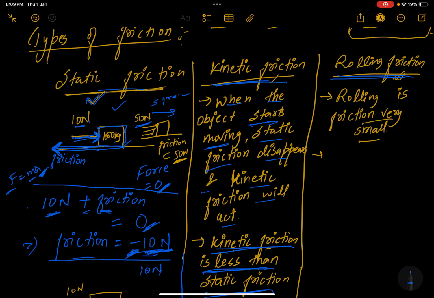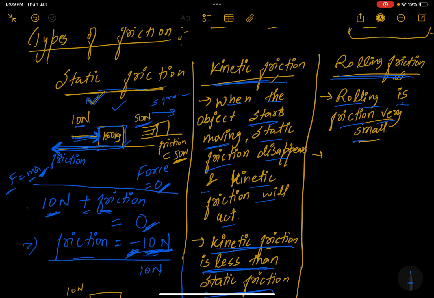But when we see our usual bicycle, it has a circular tire and it is easy to roll. It is not like there is no friction, there is friction, but since this is rolling friction, it's easy for us to move.